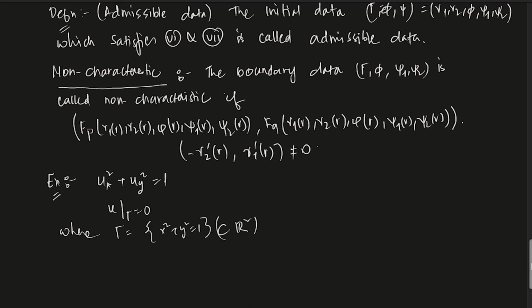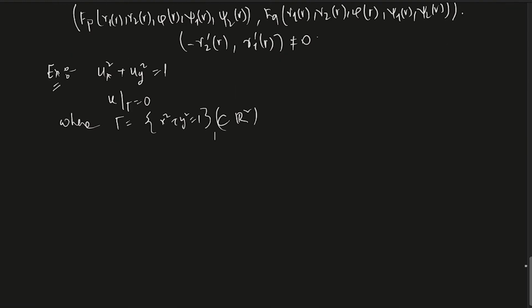This is the problem we need to solve, restricted to this unit circle. Let us rewrite it in terms of x, y, z, p and q: p squared plus q squared minus 1 equals 0.